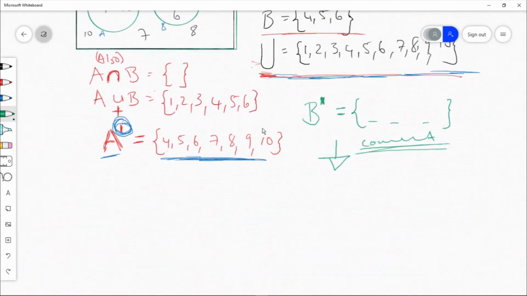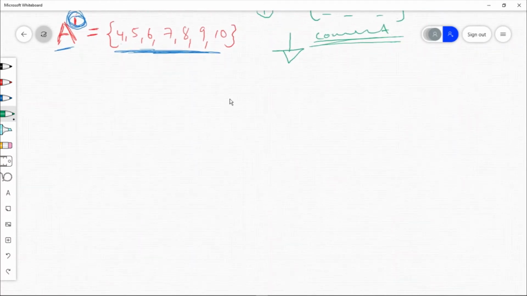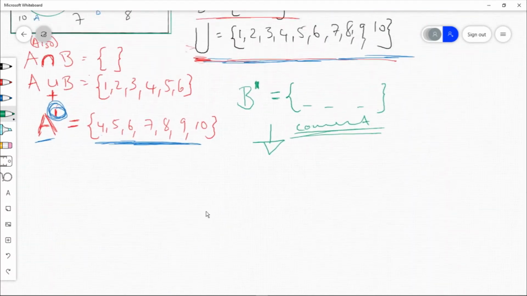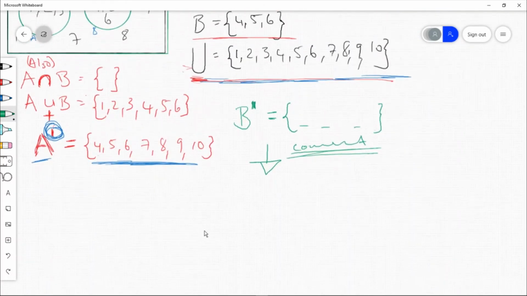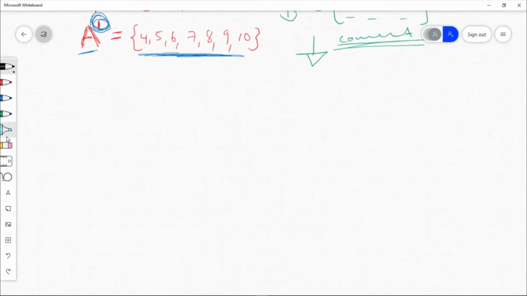I want us to look at another Venn diagram that we will draw. Let's call this A. So when you are leaving a comment, you are dealing with A. Okay, so let's draw another Venn diagram.